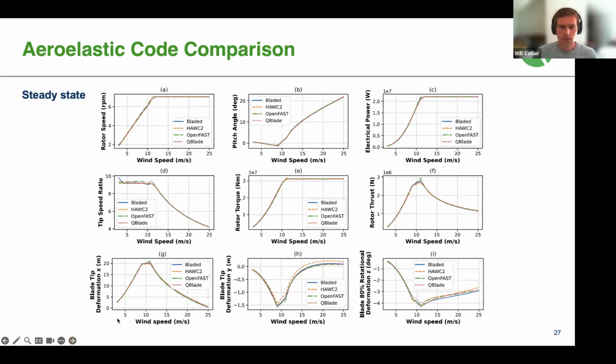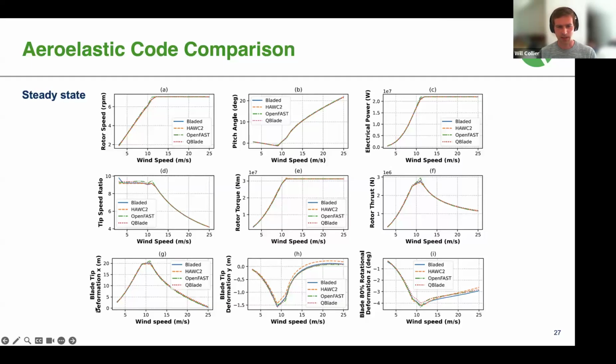So this is some of the steady state results. There's a bit to digest here, but the main message is that the lines mostly overlap. So we get a good agreement in the steady state. The top plots are the operating condition main parameters: the rotor speed, pitch angle, electrical power, and then rotor torque and thrust and the tip speed ratio, all agreeing well.